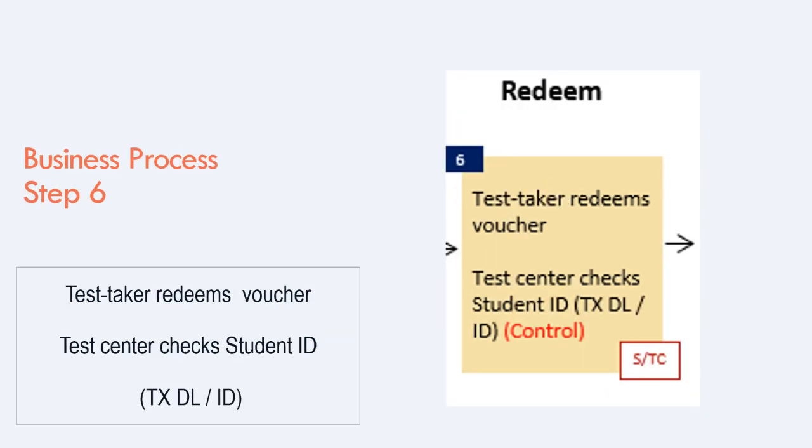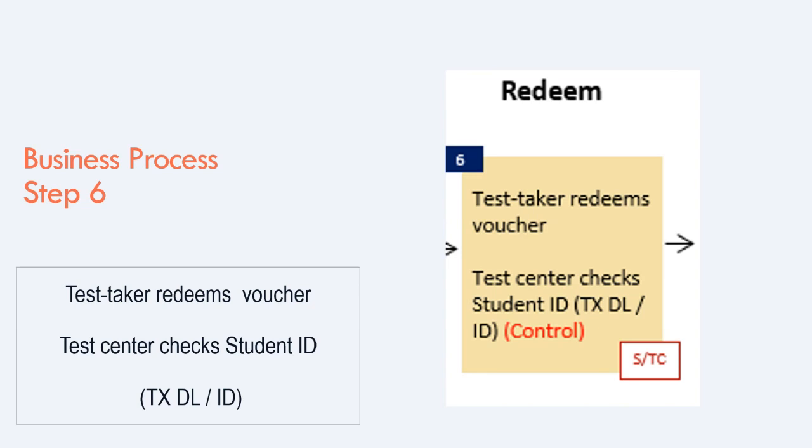So the next part of the process is the redemption. So the test taker redeems the voucher, and the test center is going to check the student ID, which is often a Texas driver's license or a Texas ID. When the test taker redeems the voucher, which typically is going to happen at the registration, those of you who are familiar with the way that GED scheduling works, and we're getting much more familiar with it here at the state level, when they register and when they schedule, they go through a checkout.